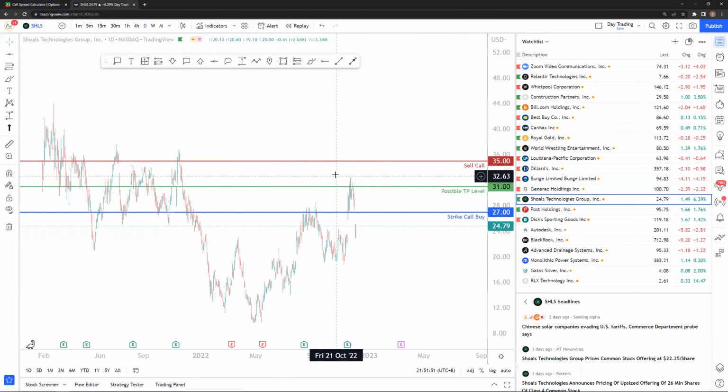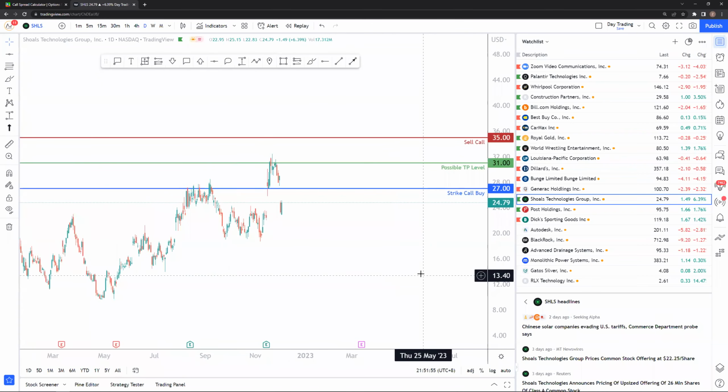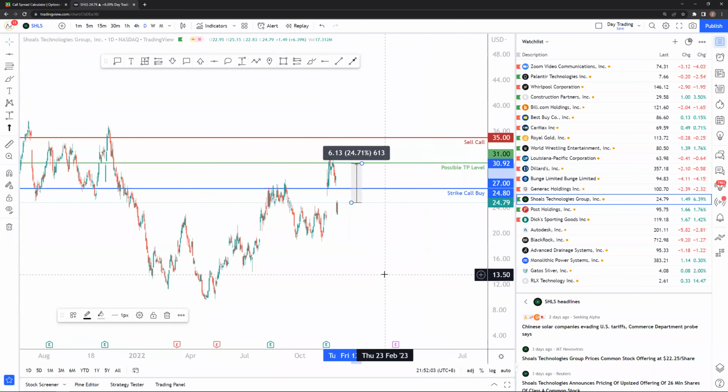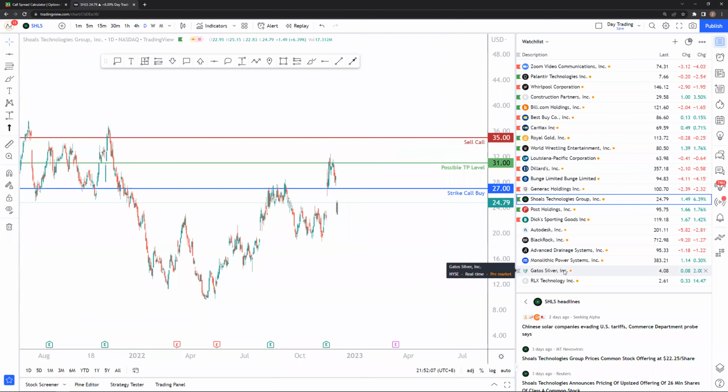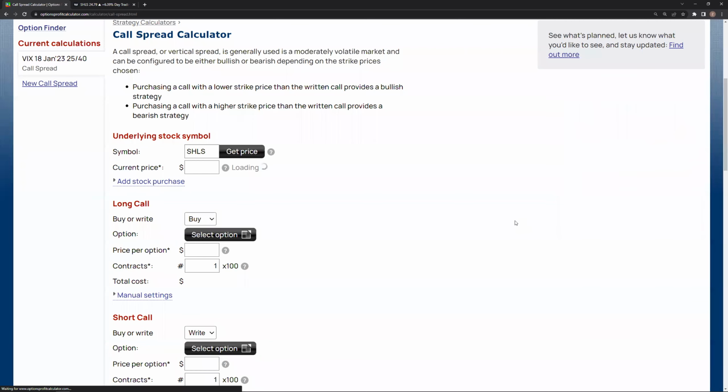Okay, so in this case, we also need to think about expiry. For this case, my TP is actually 24% from my entry, so I don't think I need a very long dated expiry. Maybe like 1 month out should be fine. So let's go and find the stock SHLS. Can they find it?